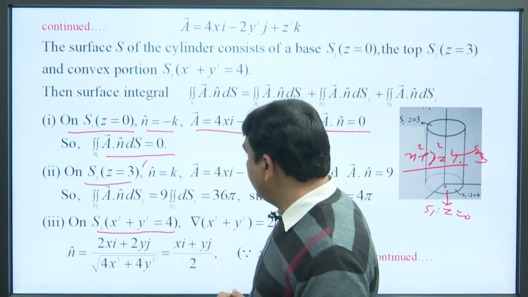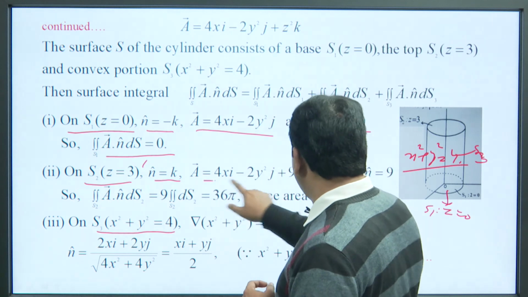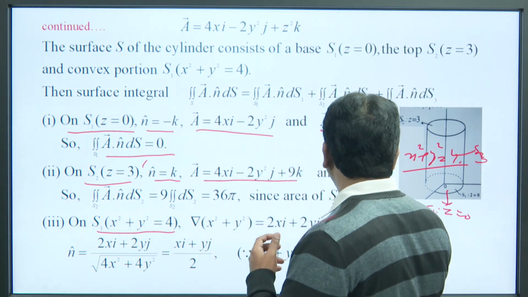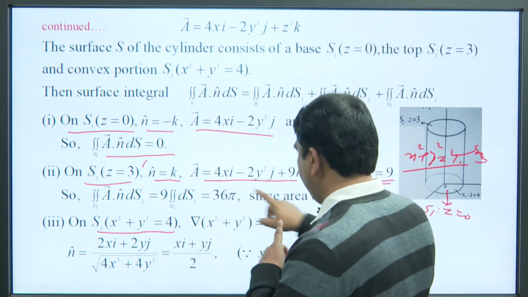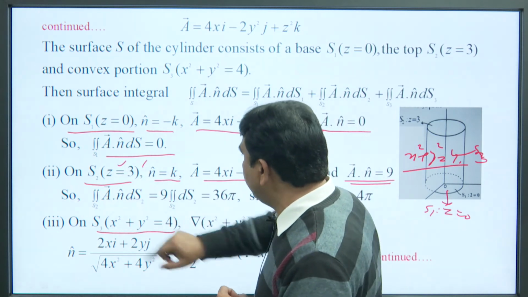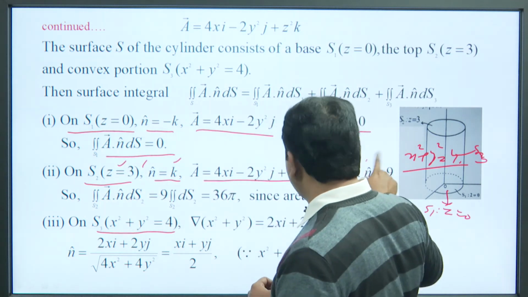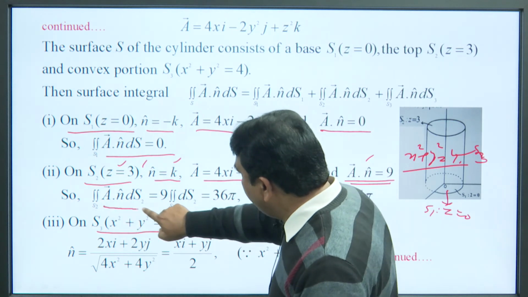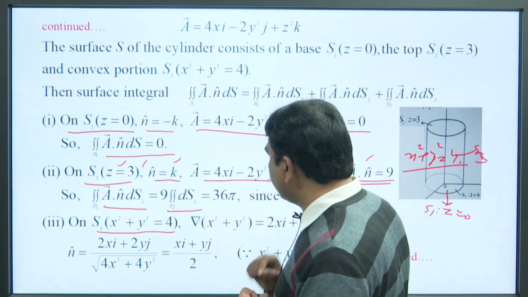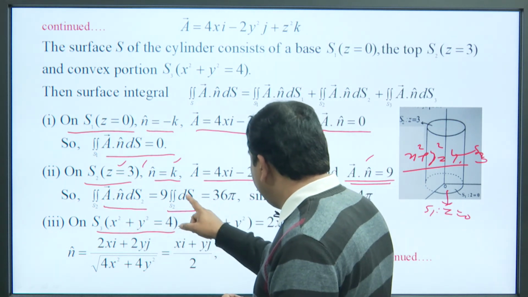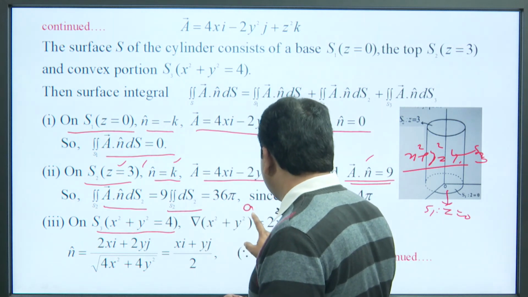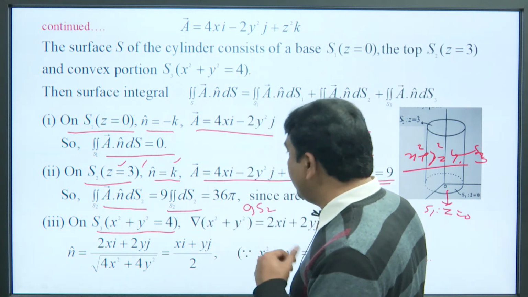Now, for S2, n is equal to k, A is equal to this, and easily we can see that A dot n is equal to 9, for this value z is equal to 3 and n is equal to k. So, the value of this over S2 is equal to 9 times S2, and what is S2 here?